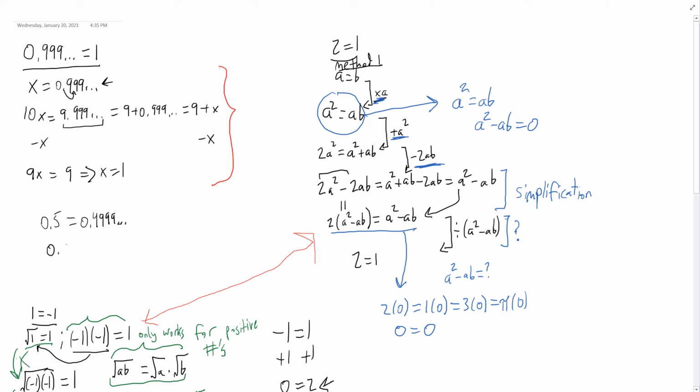Or 0.25 is 0.24 with an infinite sequence of 9s after it. They're both perfectly valid. And so we have this non-uniqueness of decimal representations because of these fringe cases. That doesn't mean that something has gone horribly wrong. It just means that our intuitions are not the most reliable indicators of whether we've done math correctly or not.